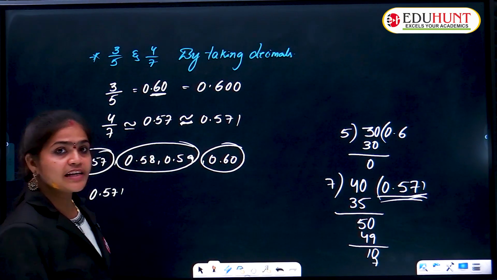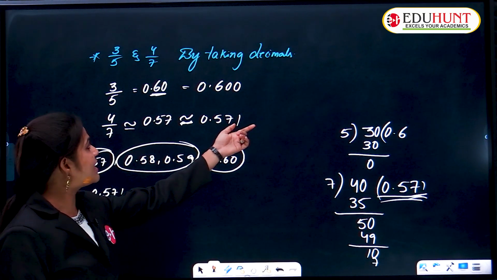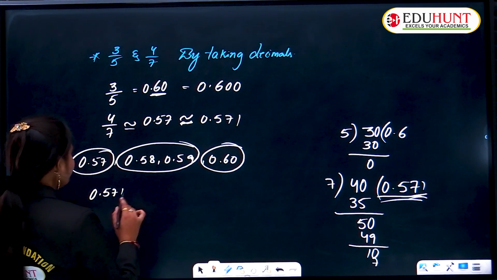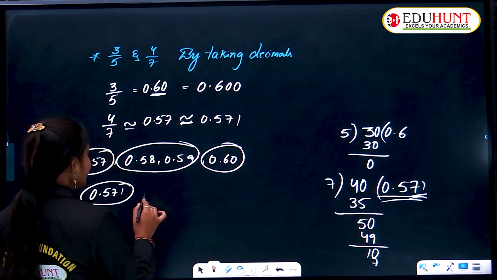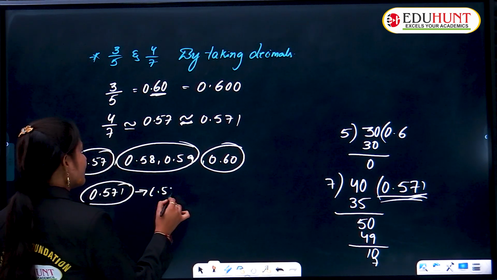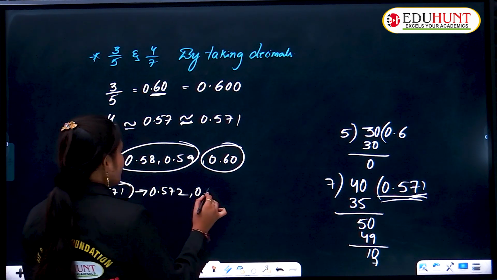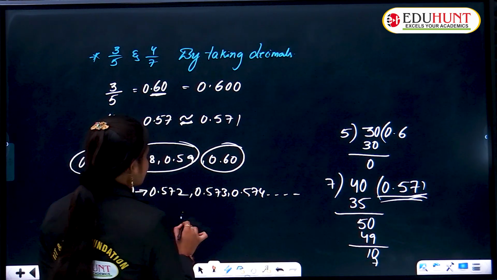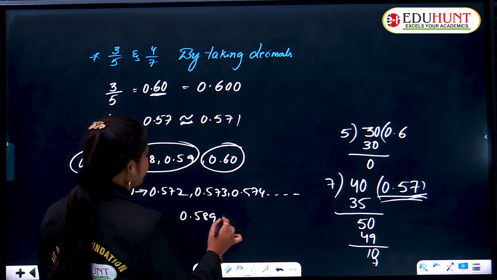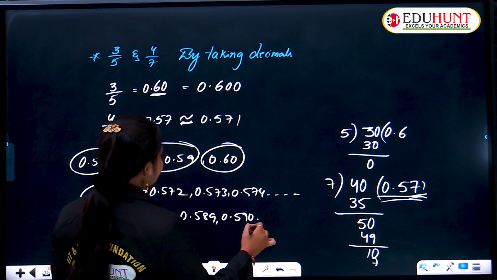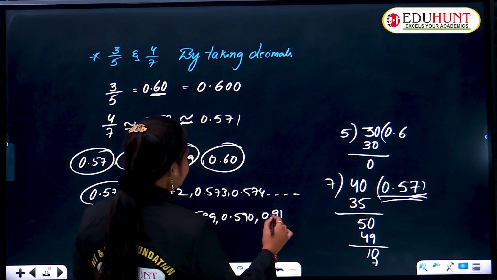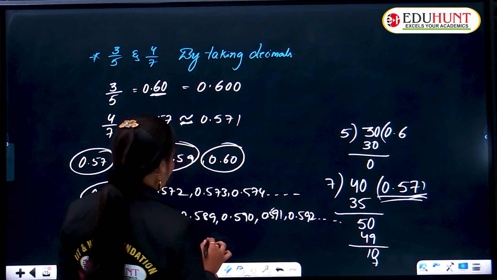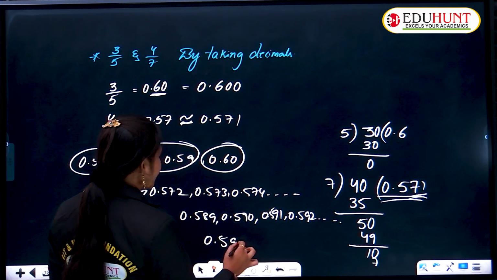Now how many rational numbers lie in between 0.571 and 0.600? In between 0.571, after that we have 0.572, 0.573, 0.574 and so on, 0.589, 0.590, 0.591, 0.592 and so on, 0.599.